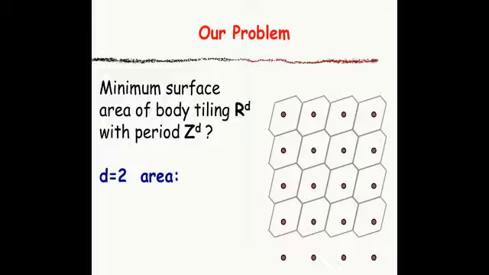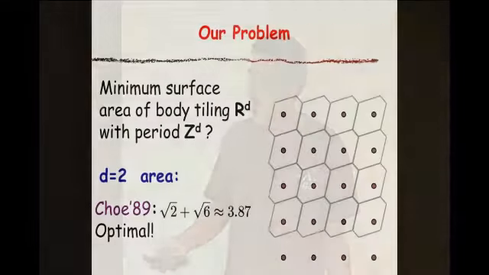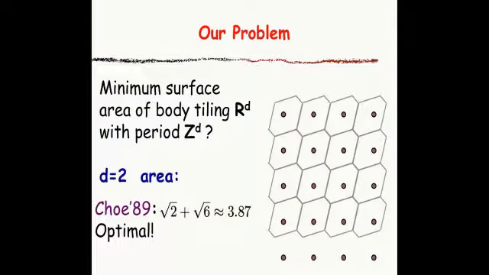But as suggested, hexagons are good, particular hexagons. There are several. And Hales showed that if you take these hexagons, you get surface area, in this case perimeter, which is actually smaller than 4. It's just a few percent better, and moreover, it's optimal. So we know this is the best solution for 2 dimensions.